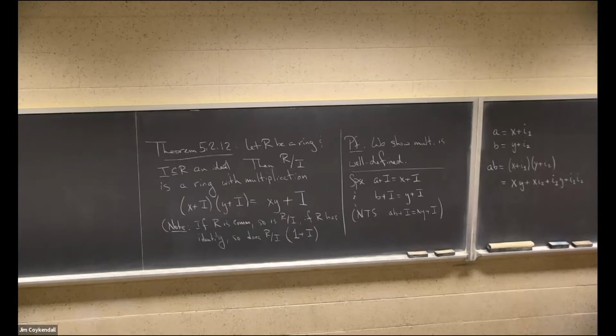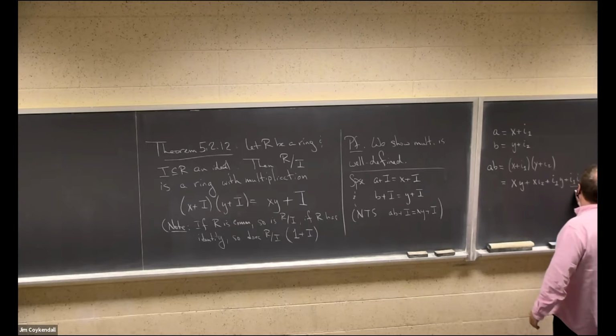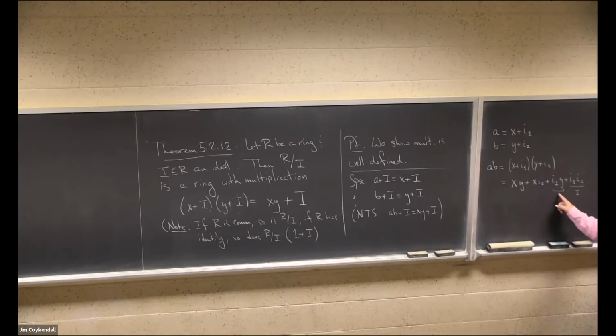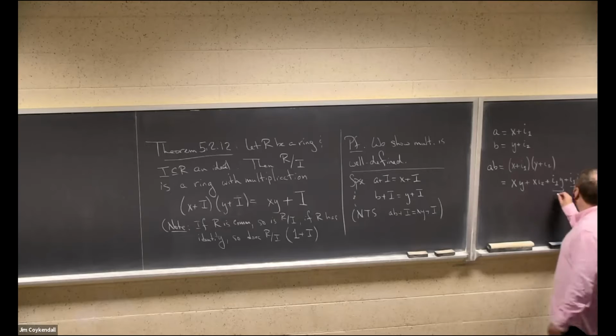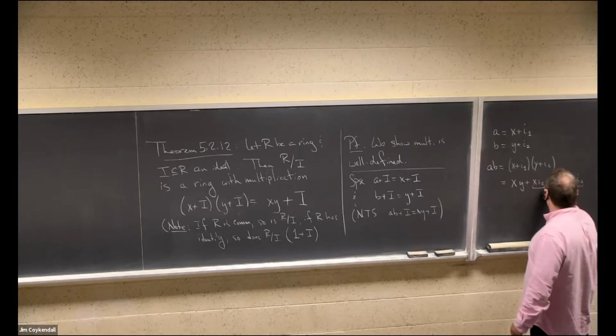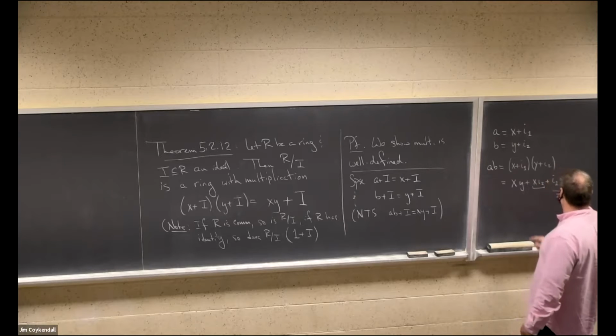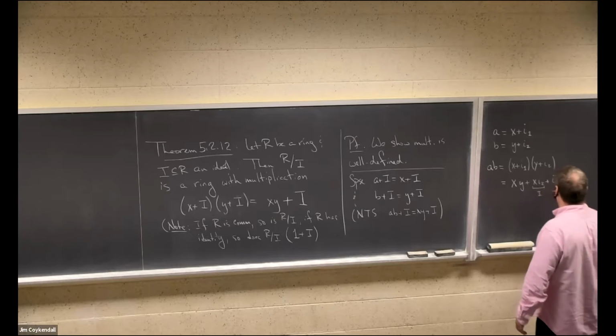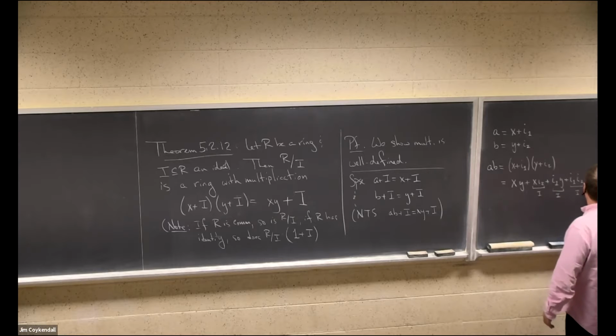Now notice it is important here that I be an ideal. And when I say ideal, I mean two-sided ideal. Because notice this term is in I because it's a right ideal, and this is in I because it's a left ideal, and this is in I as well.